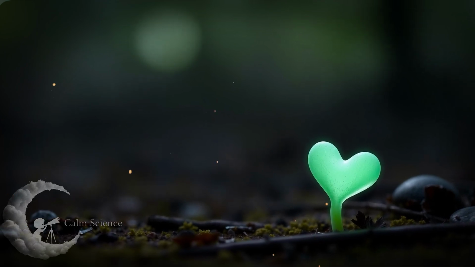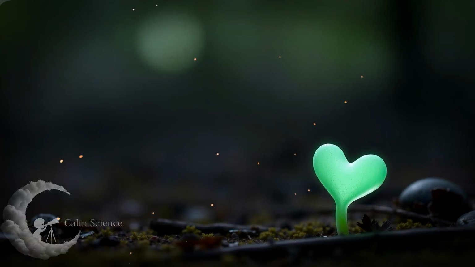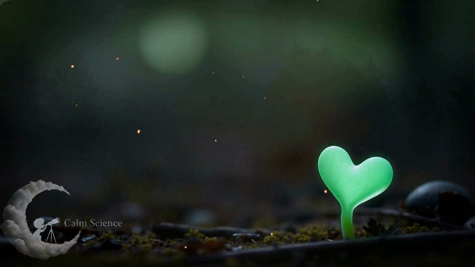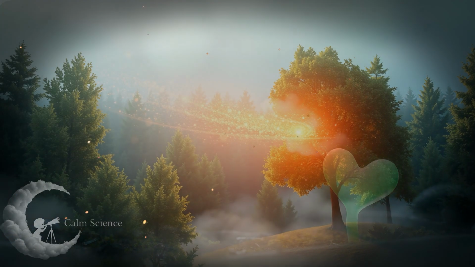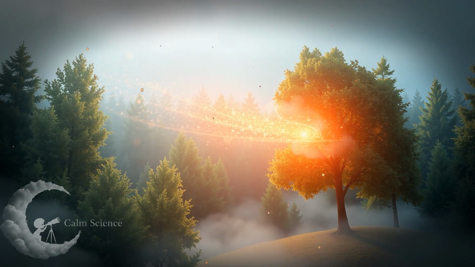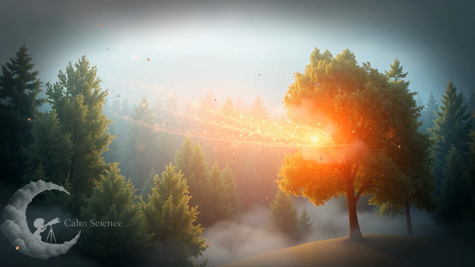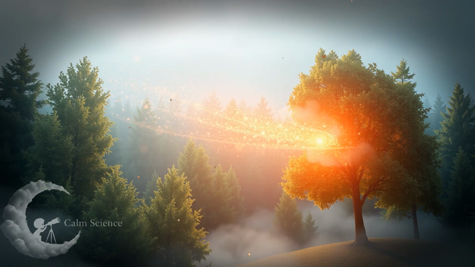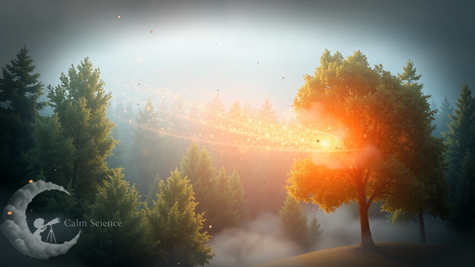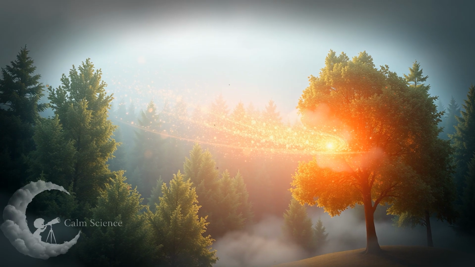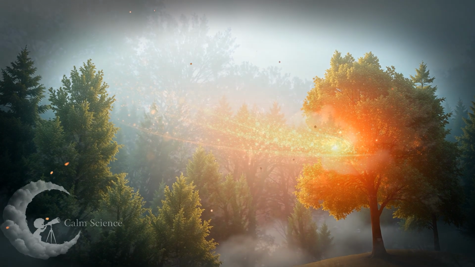Some trees even produce compounds that attract predators of the insects that are eating them, essentially calling for bodyguards. As you rest, consider the tree not as a passive victim, but as an active participant in its own defense, a silent chemist protecting its own body. Hold the shape of that thought lightly and return to ease.